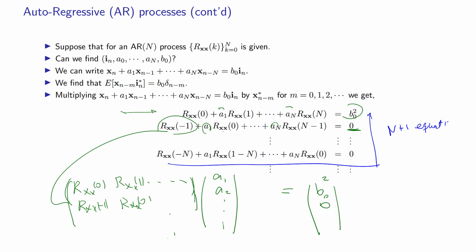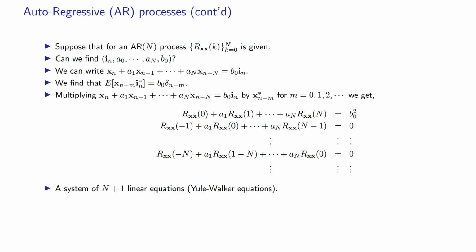And so I could convert this system of n plus 1 equations into a matrix form, which is called the Yule-Walker equation. So I get n plus 1 linear equations with n plus 1 unknowns.